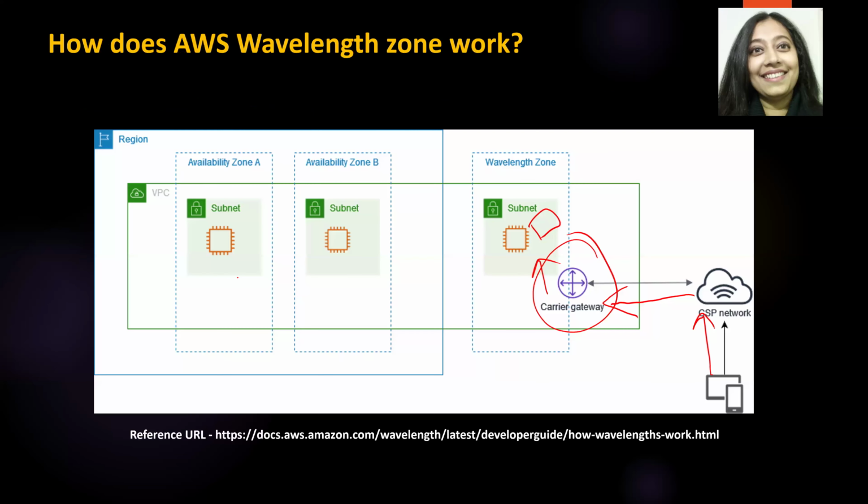So that essentially means that inbound is only via the CSP, and the outbound goes to the CSP, that is your communications service provider network, and it can go to the internet. But the internet cannot have inbound communication. This is not possible via the carrier gateway with the Wavelength Zone.